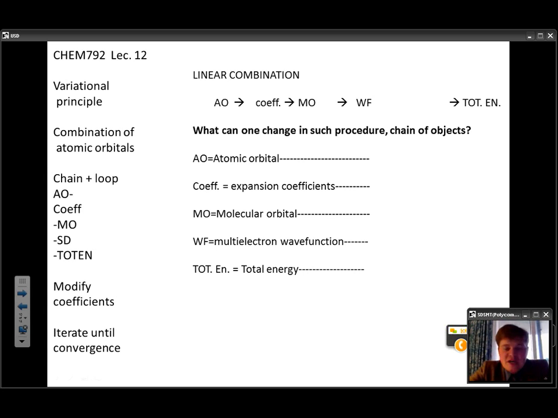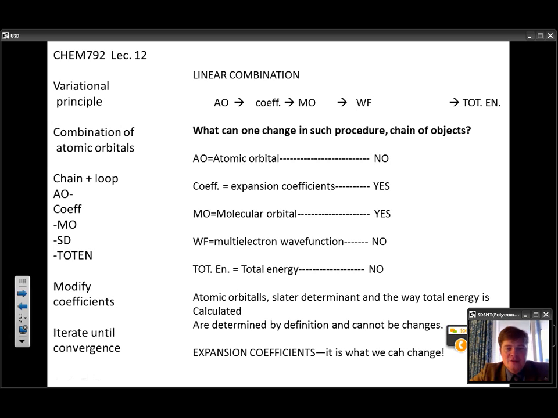So the whole Hartree-Fock theory is a mathematical problem of finding the correct expansion coefficients. The overall construction is much simpler than the usual Schrödinger equation, but practically, the problem is reduced to finding those expansion coefficients. I'm going to the next slide. So we have yes for expansion coefficients and no for other things.